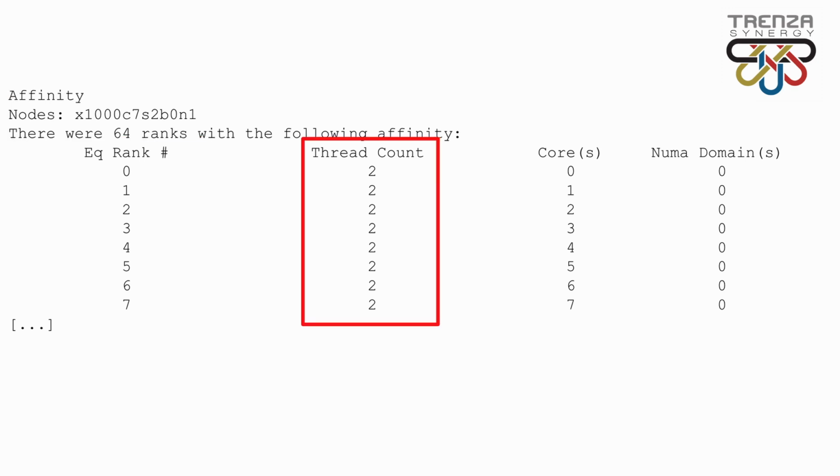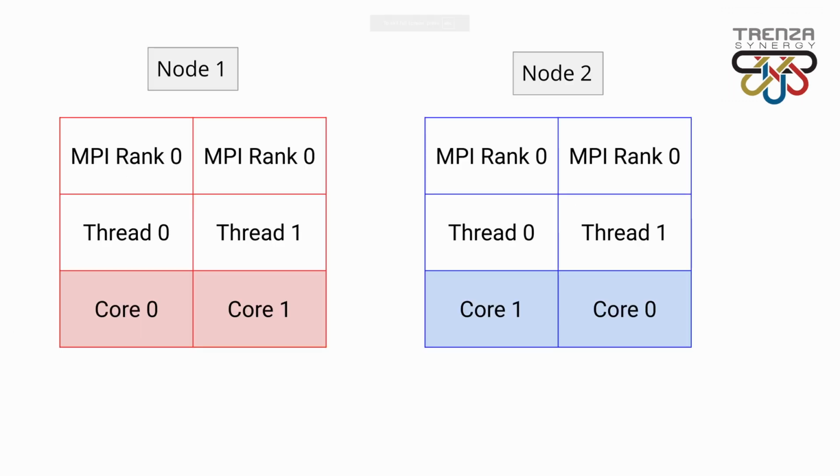Notice that the thread column is labeled as thread count instead of thread number. That is because sometimes 2 nodes will have almost the same affinity results, except 2 thread numbers may be switched. For example, on the first node, core 0 may be assigned to thread 0 and core 1 may be assigned to thread 1. But on the second node, core 1 may be assigned to thread 0 and core 0 may be assigned to thread 1.